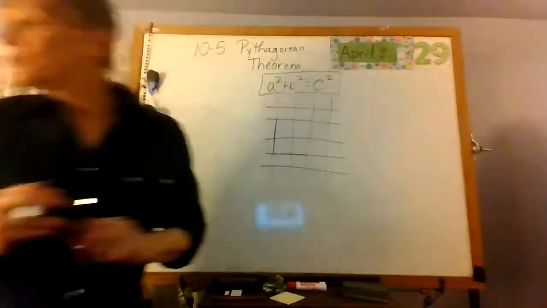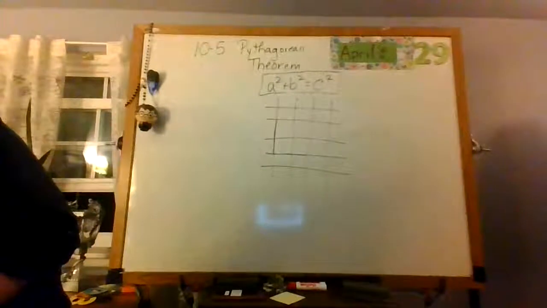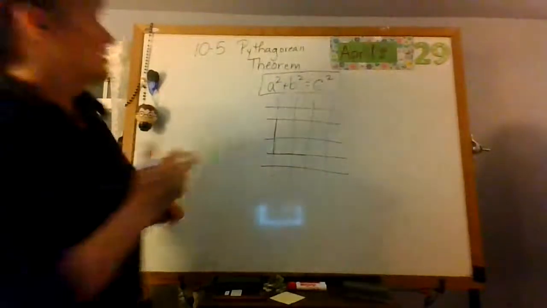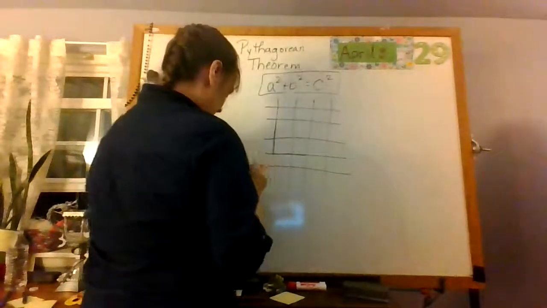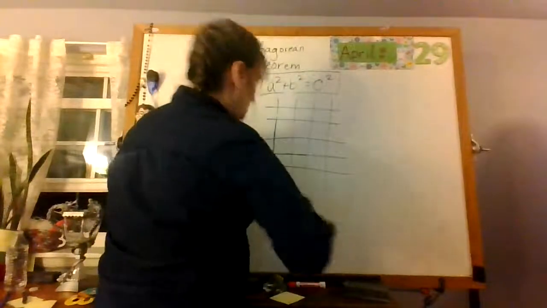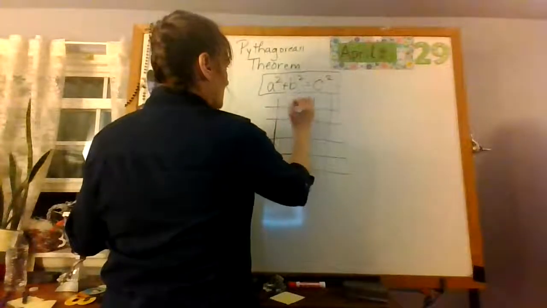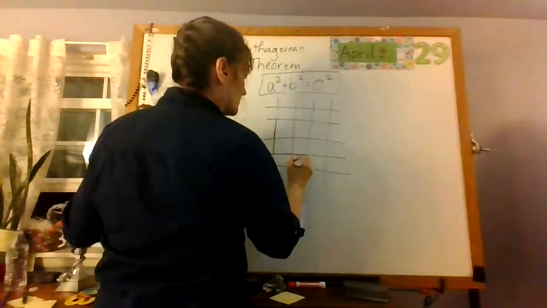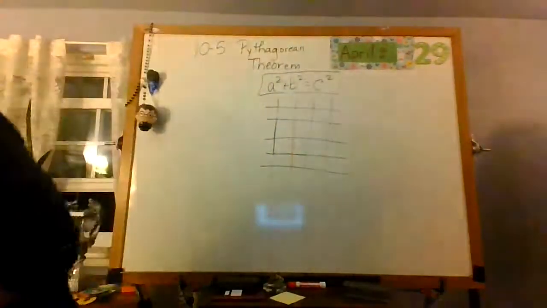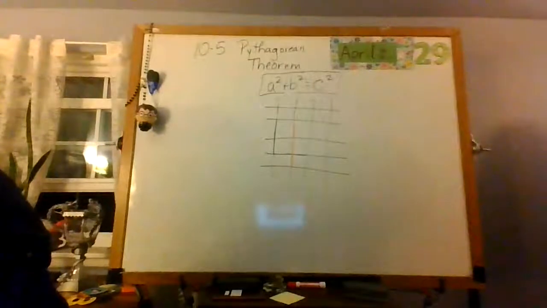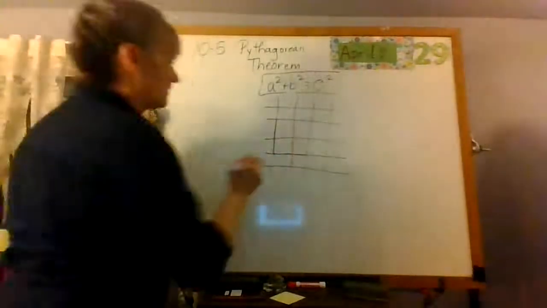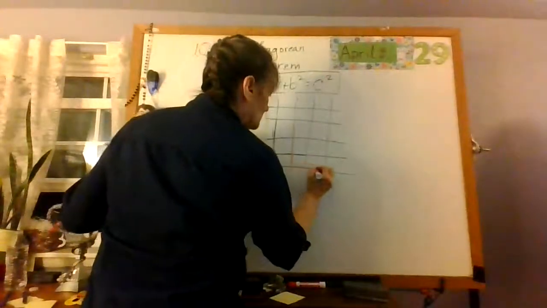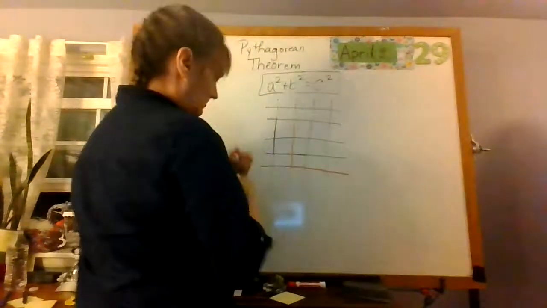Okay? So they draw for number 11 a triangle that looks like this. 1, 2, 3. It goes like that. And then it goes over. 1, 2, 3.